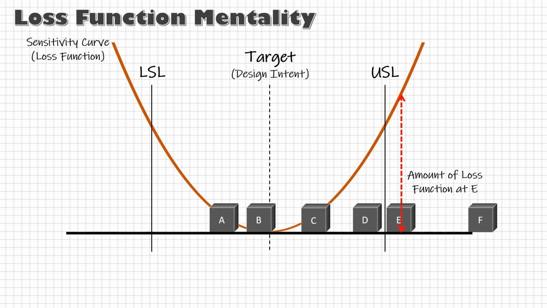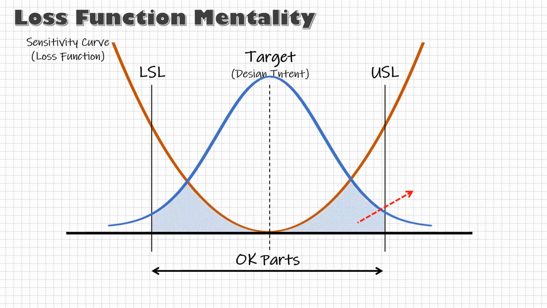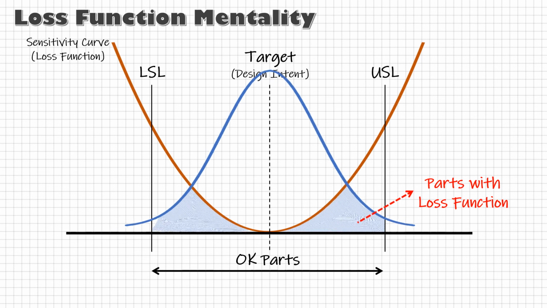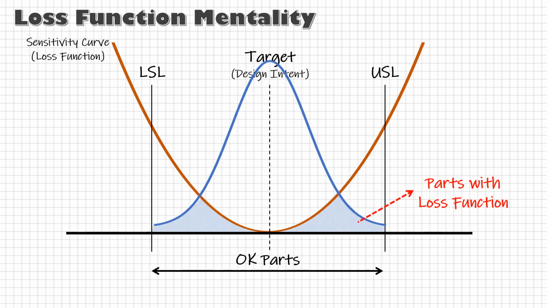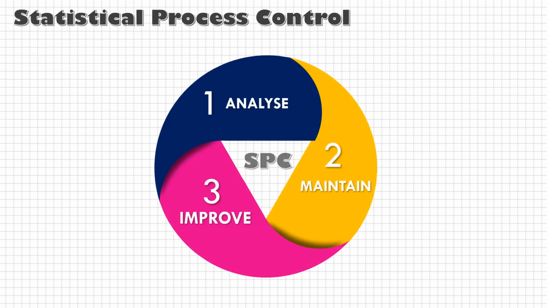If I superimpose the original process curve, the inverted bell, we can see that we are producing parts that may be okay according to the customer specification, but there is a loss of function, and if I improve my process in location or spread, this loss can be minimized. So, it is the continuous cycle of analyze, maintain, and improve, even after meeting the customer specifications. Alright?